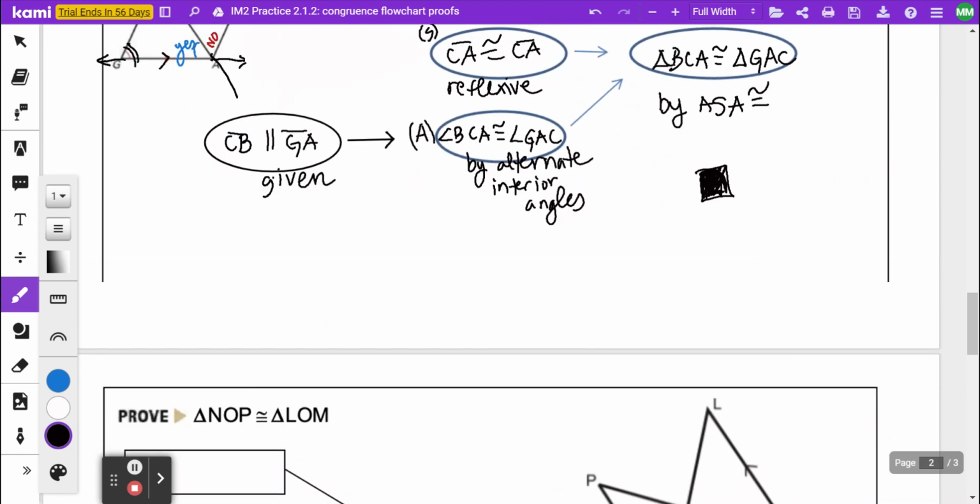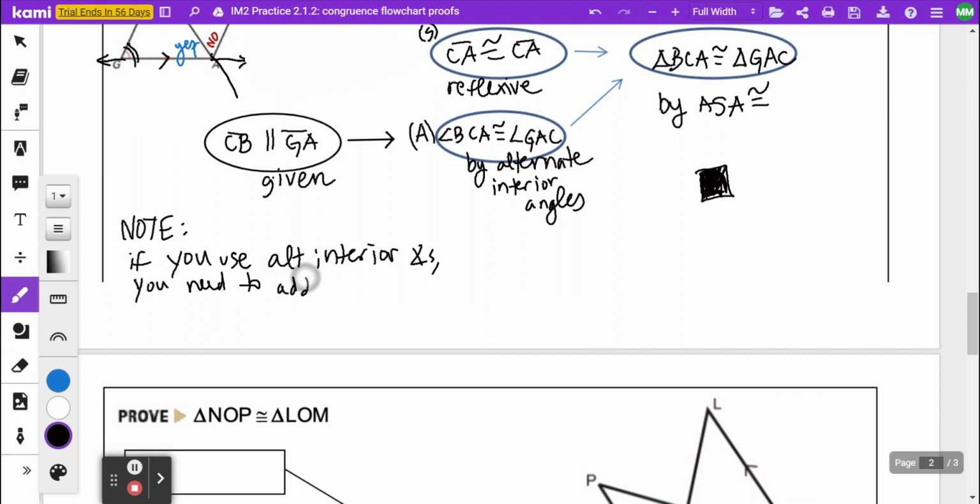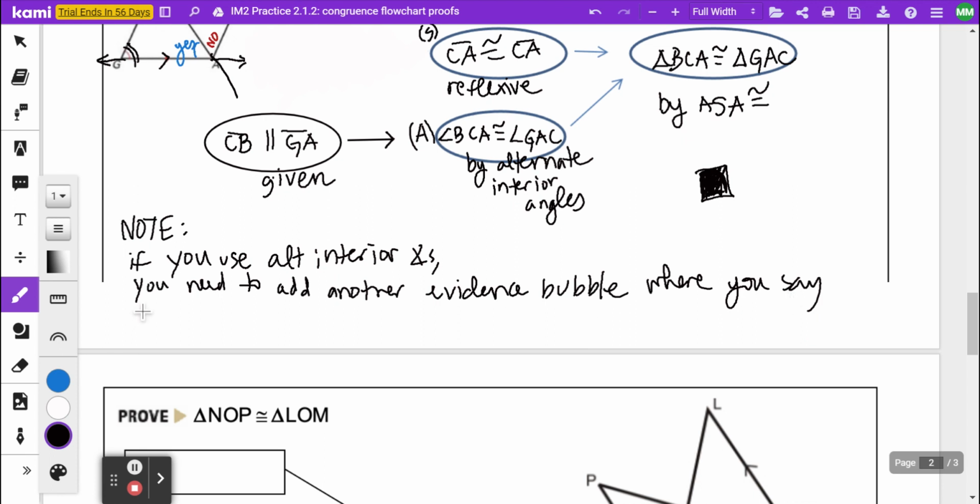So importantly, everybody, note, if you use alternate interior angles, you need to add another evidence bubble where you say what parallel lines you're using to make the claim. Say what?